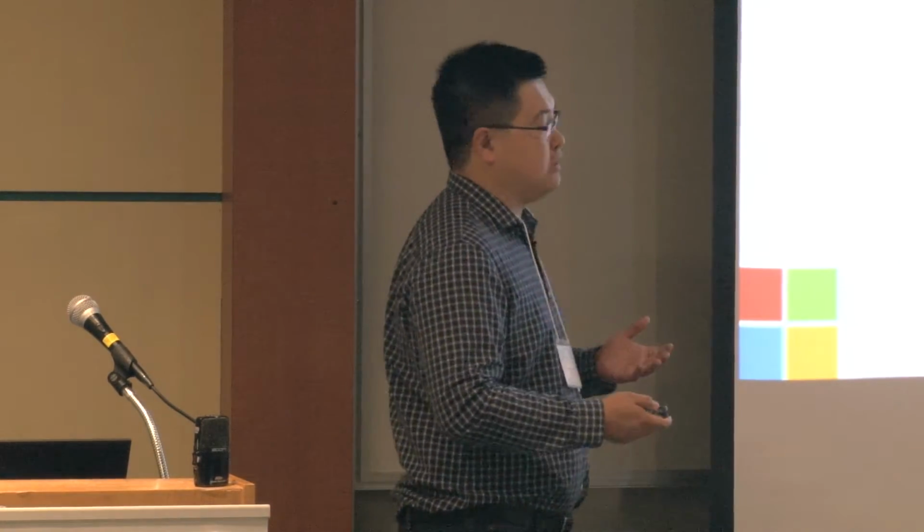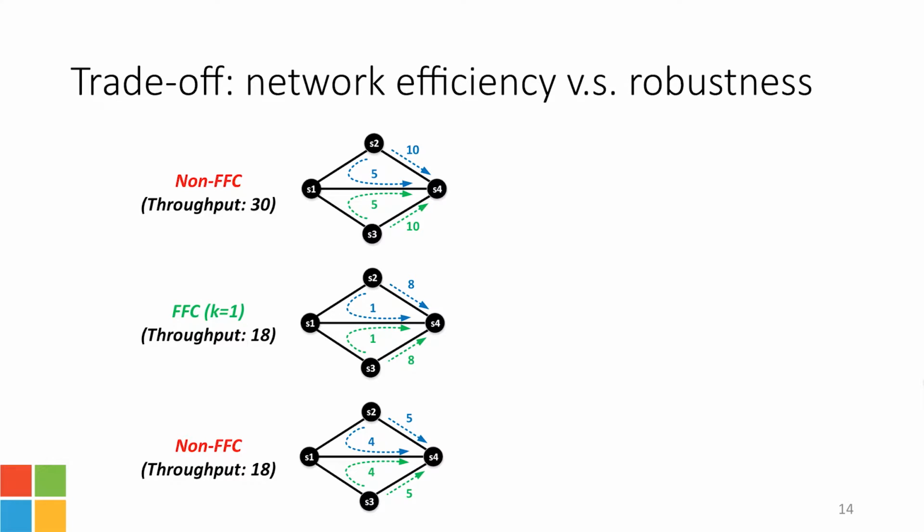And what's more interesting is to put non-FFC and FFC traffic engineering together. The first one is non-FFC. The third one is also non-FFC. But if we compare the first one and the second one, we can see the trade-off between throughput and robustness.